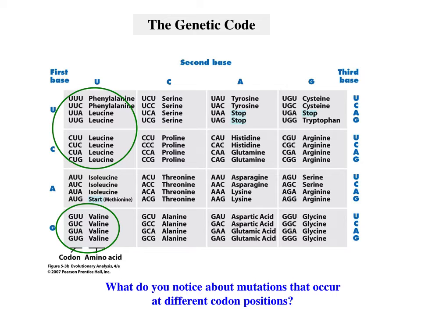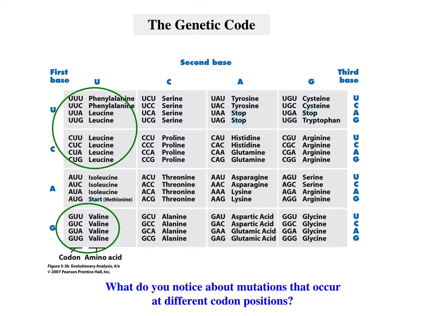If you go down below that, GUU is the same as GUC, GUA and GUG. They're all valines. So the codon position matters when you have a mutation. Many times in the third codon position, it doesn't matter. Almost always in the second codon position, it does matter, and sometimes in the first codon position, it does matter.